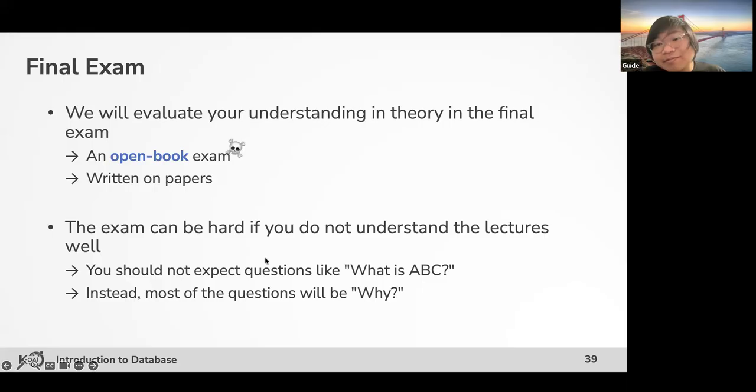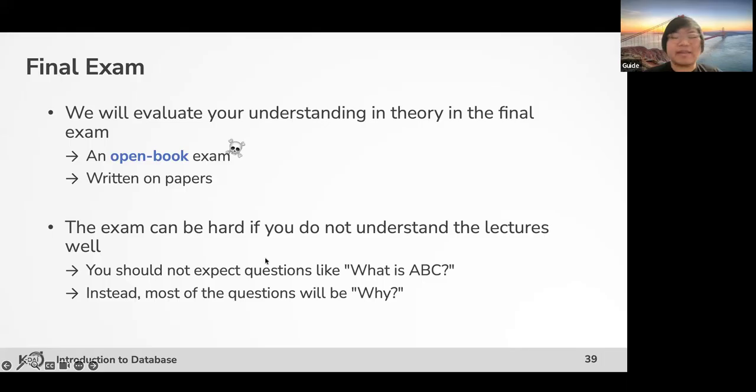It doesn't help in this course because if you just remember it, it's useless. You cannot answer my question because I'm not going to ask you what is a database? You're not going to see this kind of question. I did put this question in your senior students' exam, but you're not going to see it here, right?